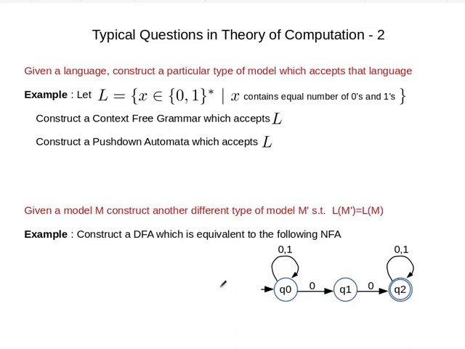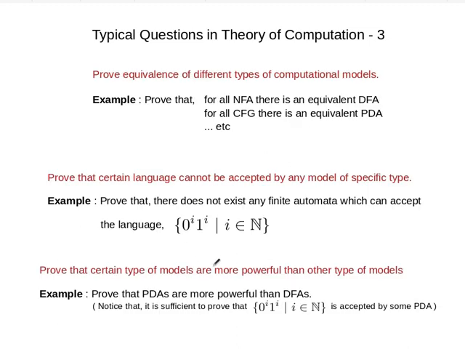Now this is about a specific NFA or a specific DFA. A more general thing will be to prove that for all NFAs there exists an equivalent DFA, or for all CFGs there exists an equivalent PDA. So these are important theorems that we will cover. These are cornerstones of this whole topic.